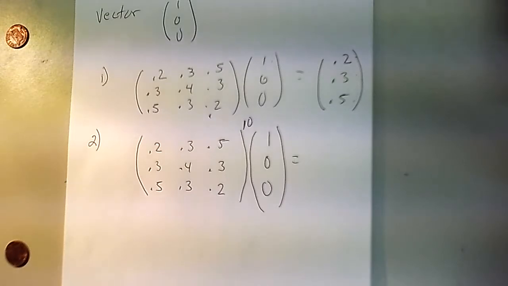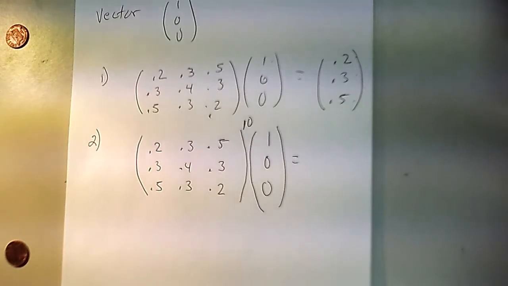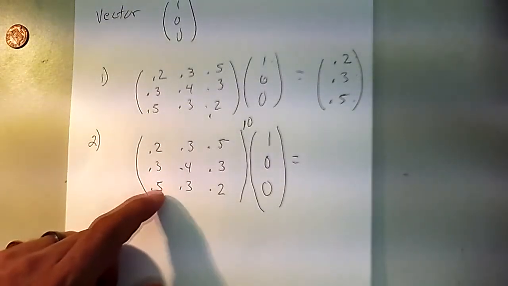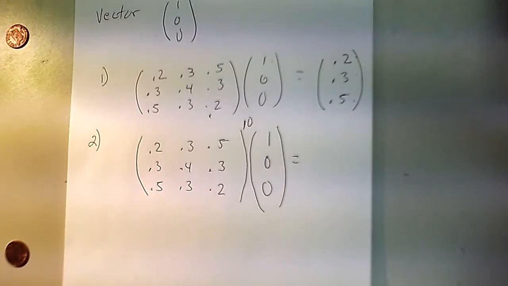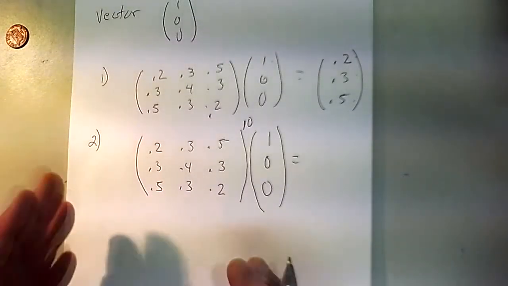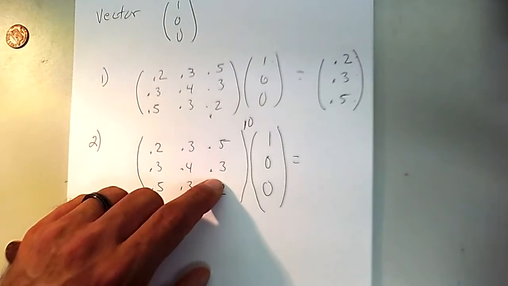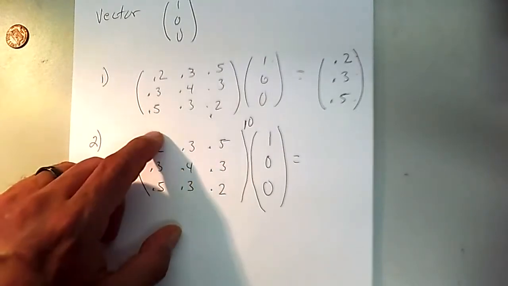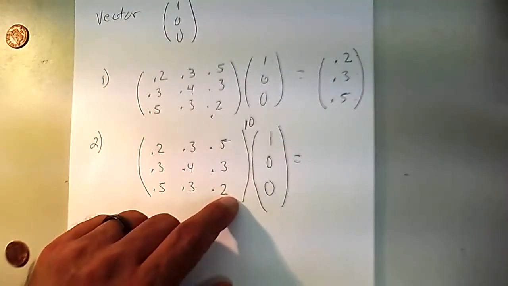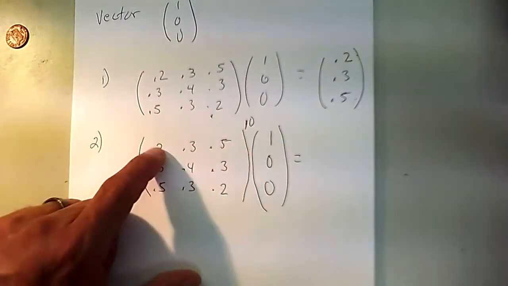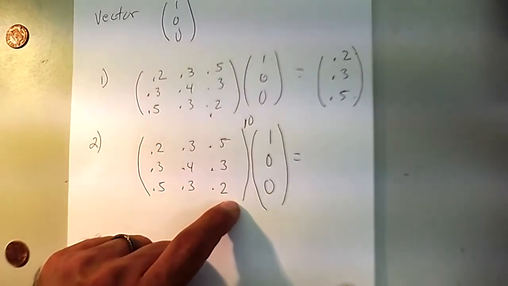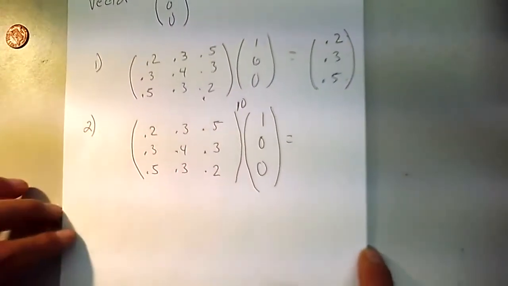So it's probably a good idea to think about this using eigenvalues, eigenvectors, and trying to write this as another matrix in which we end up with a diagonal matrix, because then taking the power of a diagonal matrix with 10 in it would be way, way simpler and easier to do.